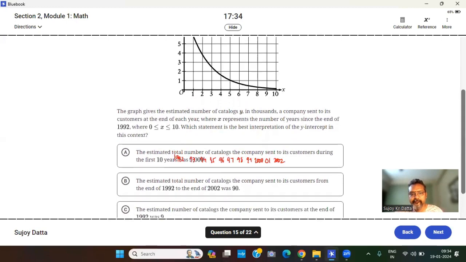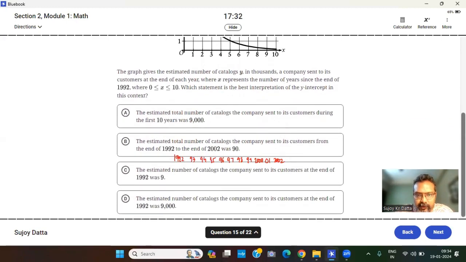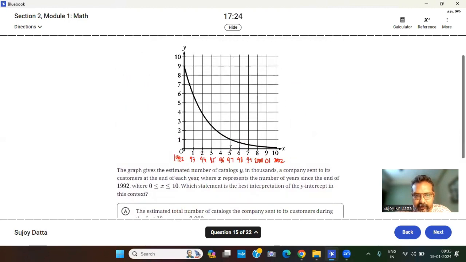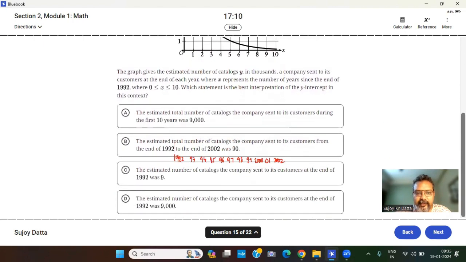Now it's saying the total number of catalogs it sent from 1992 end to the 2002 end. So let us check 1992 end. From here, it's starting off with 9, right? So that alone is 9,000. Since it is categorized as thousands, obviously it cannot be option B.